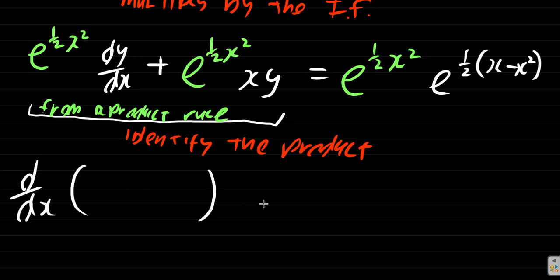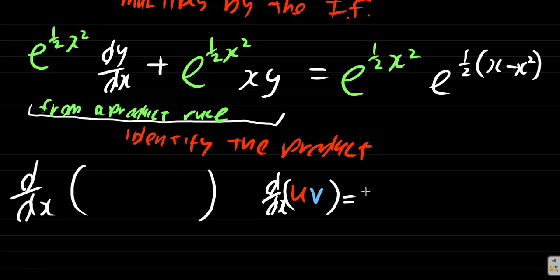By the way, before we do that, remember the product rule. You have two functions, say u and v. You're finding d by dx of uv.